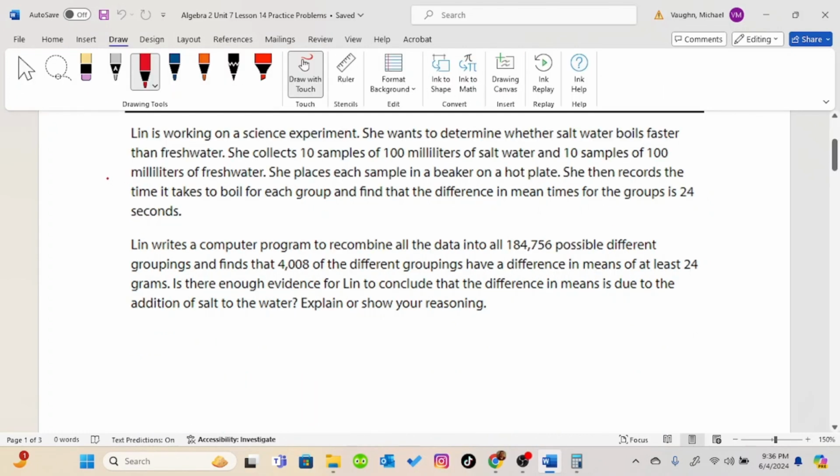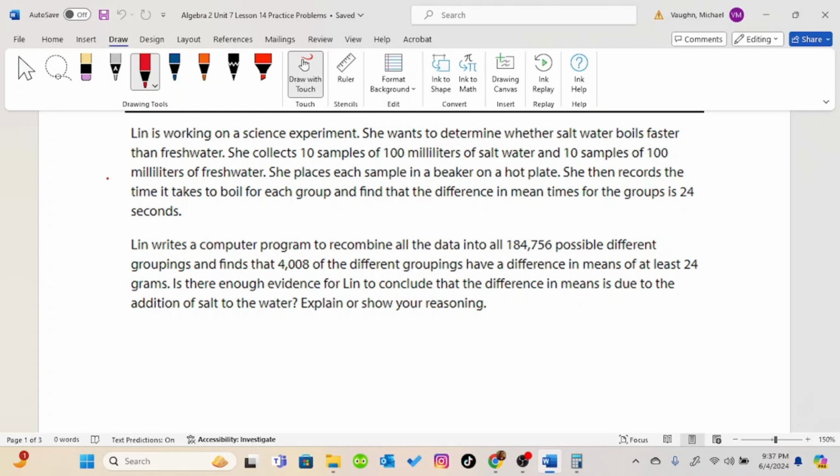In the first practice problem on page 1, it says Lynn is working on a science experiment. She wants to determine whether salt water boils faster than fresh water. She collects 10 samples of 100 milliliters of salt water and 10 samples of 100 milliliters of fresh water.